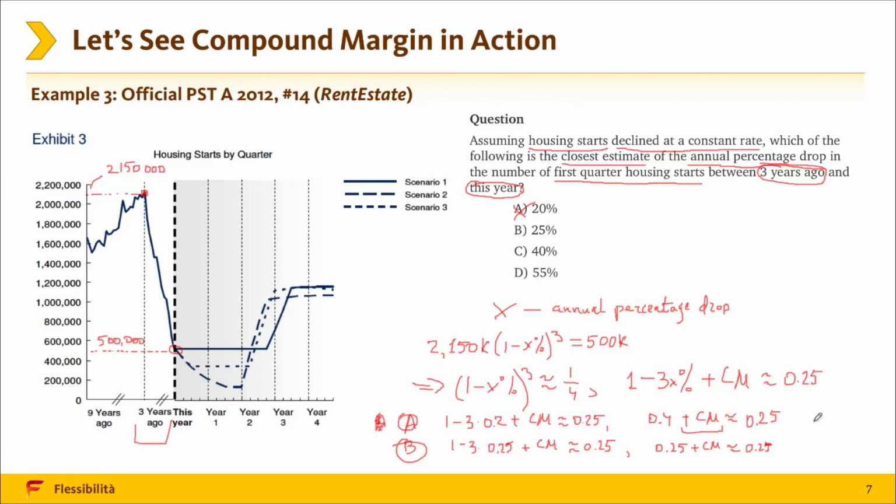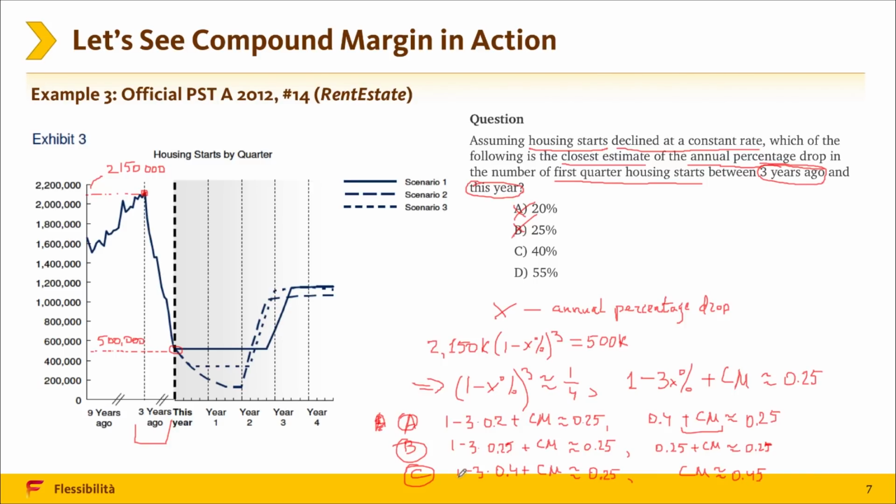Because from this expression we need the compound margin to be 0, and we know that the compound margin is always positive. So we get rid of B as well. C. So C might actually work, because here we see that the compound margin is positive, and also it's quite big. But that's okay because the decline rate is quite big as well.